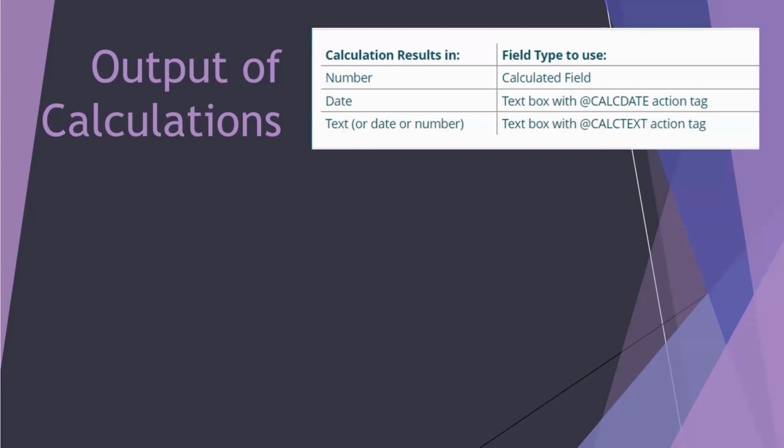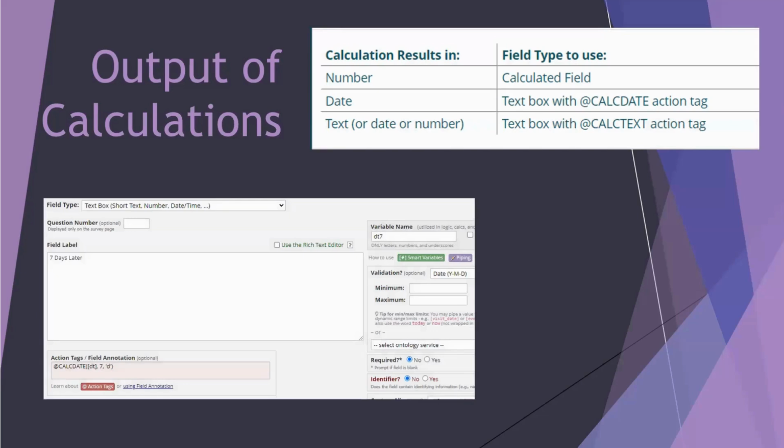You want to use a calculated field if you want your result as a number. If your calculation should result in a date, you use a text box field that is validated as a date or datetime and using the calc date action tag. This will calculate a date a specific amount of time away from a date you give it.